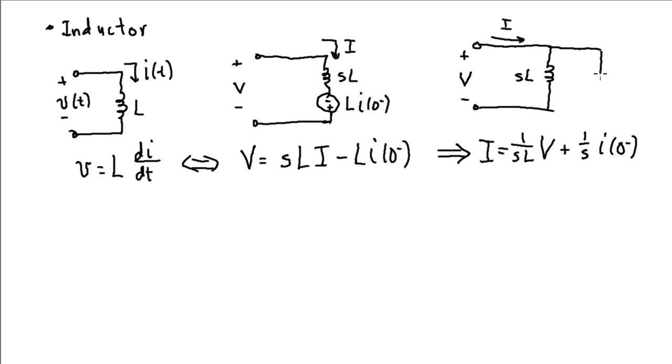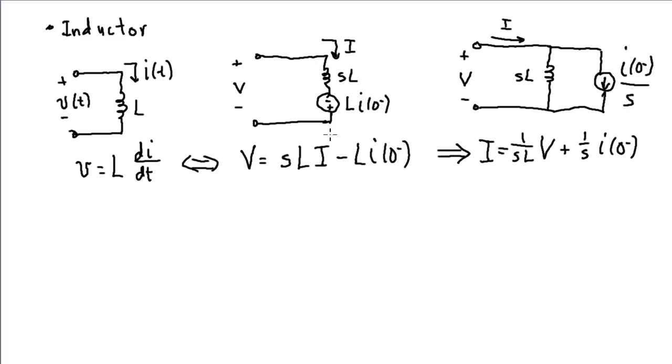So we put this current source in with this direction, okay, so that I is equal to V over sL plus a current here that's independent of V. So we put it in as a fixed current source, and this would have a current of i(0−) over s.